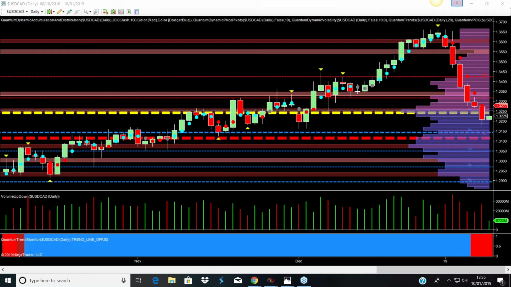Just wanted to have a look again at the dollar Canadian, and in particular the daily chart, because it's got some fantastic VPA lessons, and also it coincides with last week's NFP and the Powell statement. Was it not a statement?